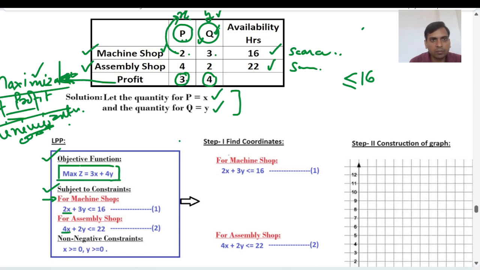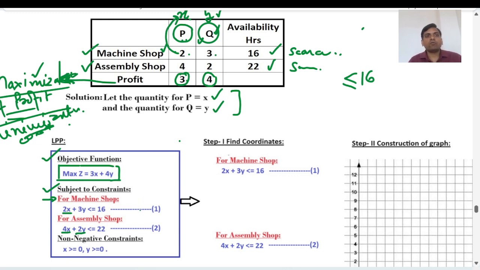And the second product Q on the assembly shop takes 2 hours, so this is 2 into Y, but we are restricted to 22 hours. So we can utilize this assembly shop maximum 22 hours, right? So we will write this as less than or equals to 22 hours. This is the subject to constraint as availability of resources.